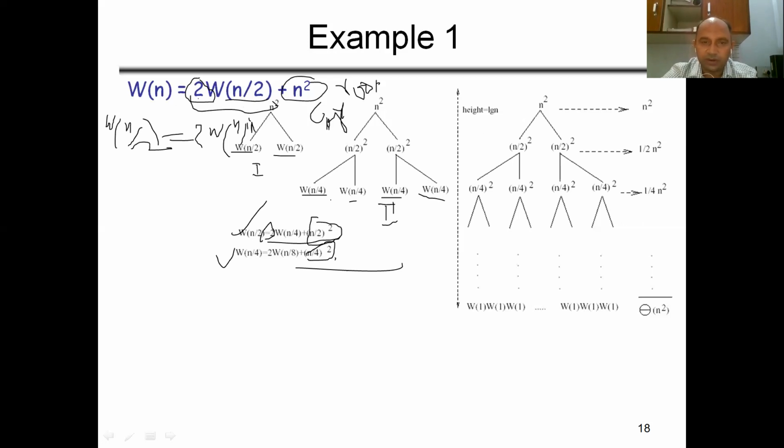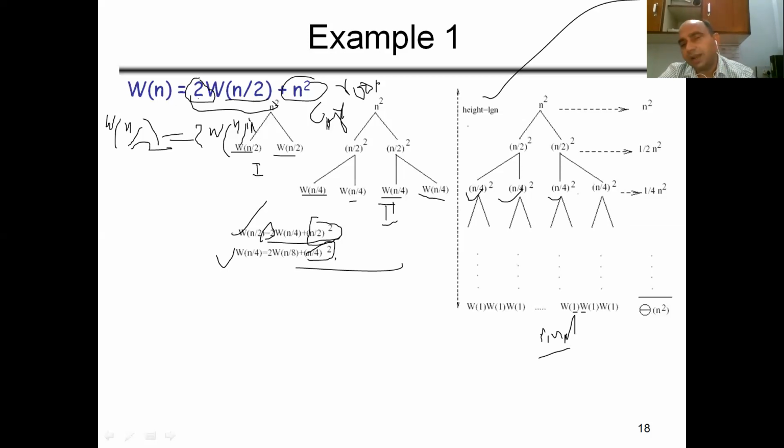So I replace W(n/4) with (n/4) square like this, and the number of branches for each node is 2, and like that. At the final step, I know that n/2, n/4 will become 1 at the last step. This is my final tree.